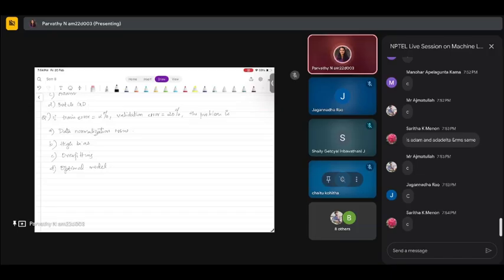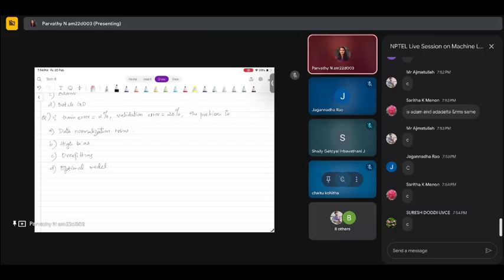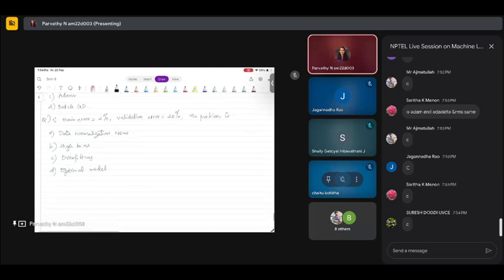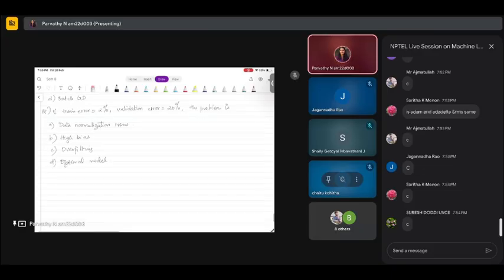If train error is 2% and validation error is 20%, then it is overfitting. No, Adam and RMS are not the same. Adam uses the concepts from RMS and ADA delta, so they are not the same.